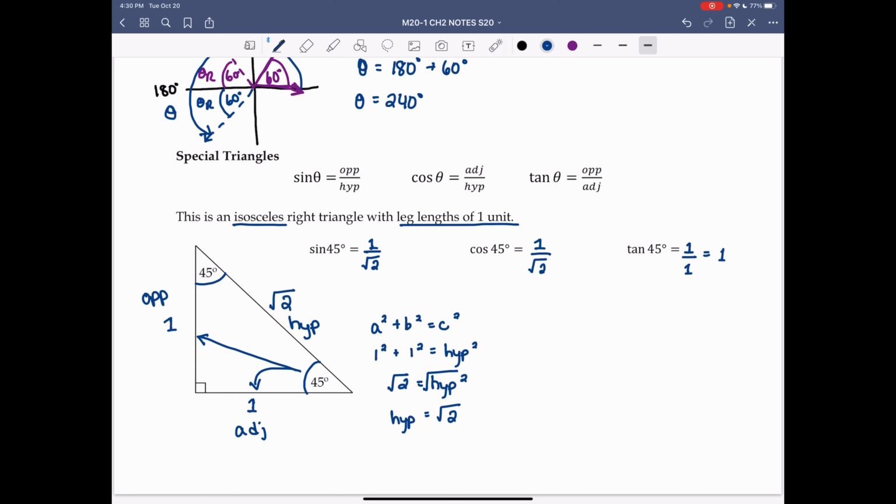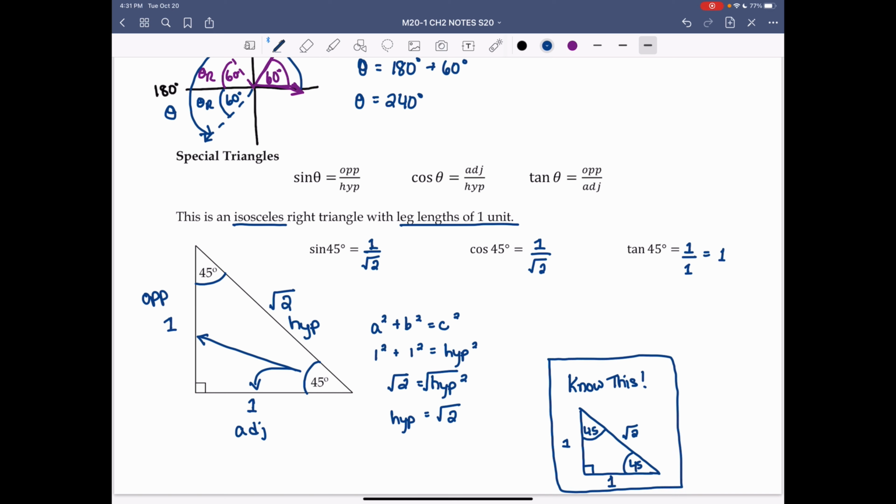So this is our first special triangle, and you need to know this. You need to know how to create this triangle.